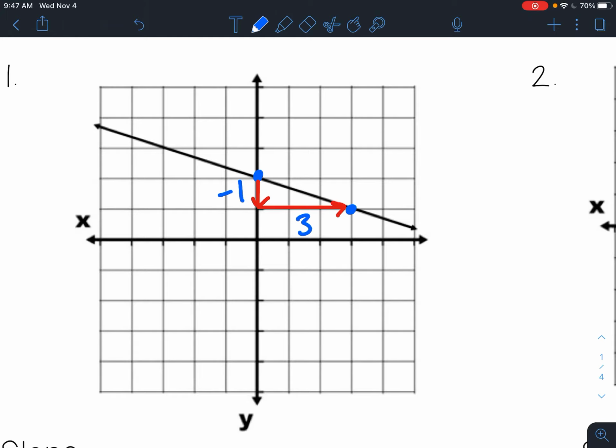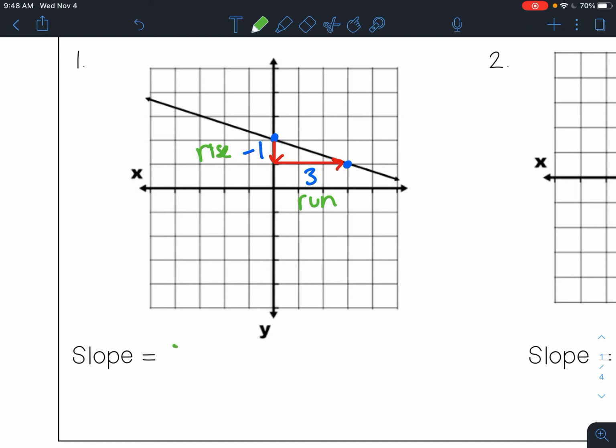This is my rise, this is my run, because rise is always how far up and down you moved, run is how far left and right you moved. So if I put those together, my slope is always rise over run, -1/3. Once you have that in fraction form, you just need to make sure that you reduce that fraction when it's possible. In this case, -1/3 does not reduce at all, so -1/3 is my slope.